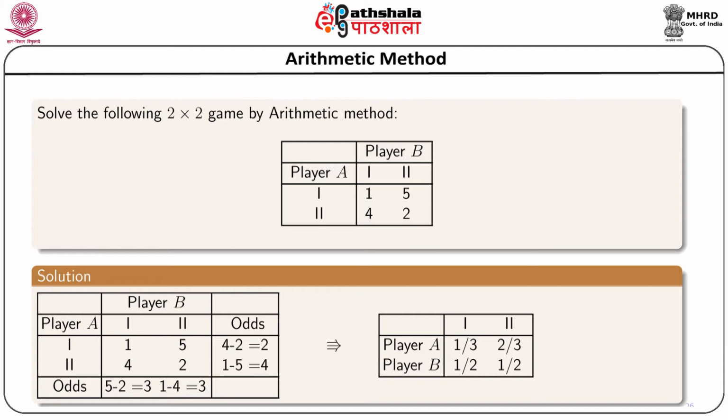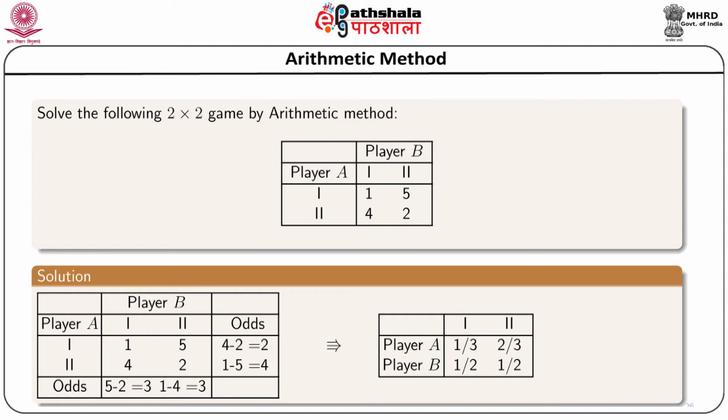Similarly, for the difference 4 minus 2, we put the result corresponding to row 1. Then similarly with differences of the columns, 5 minus 2 equal to 3, we put it in the first column, and then 1 minus 4, which is again 3, we put in the second column.